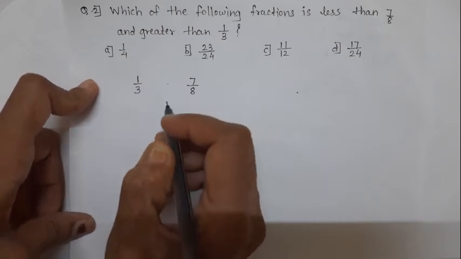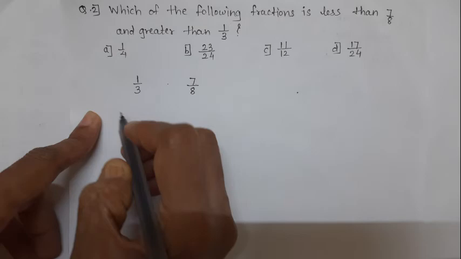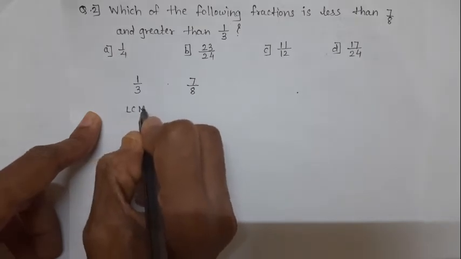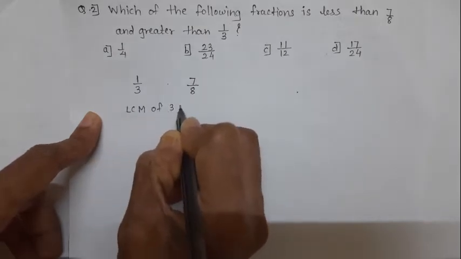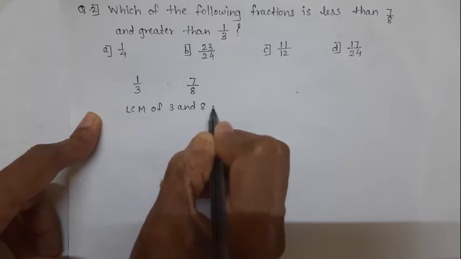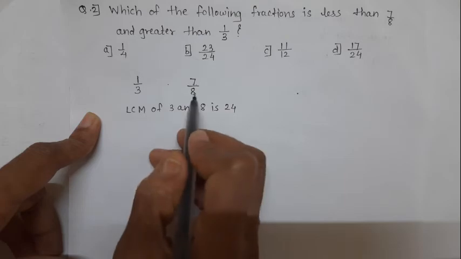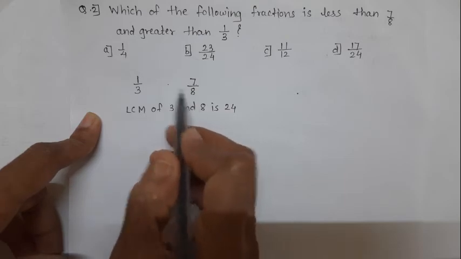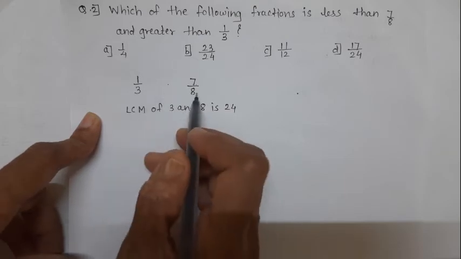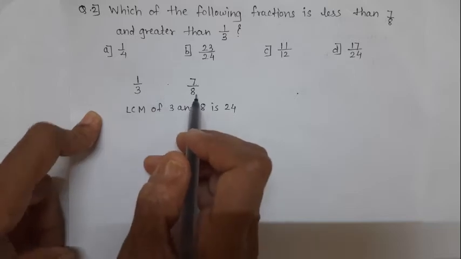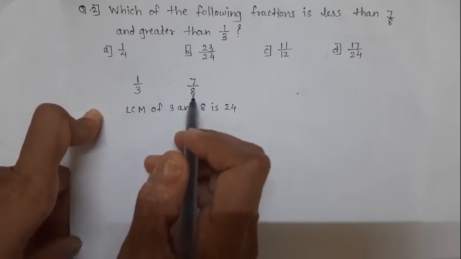The LCM of 3 and 8 is 24. See, the greater denominator is 8 and the smaller is 3. In the 3 table it is not there. Then the next multiple of 8, 16.